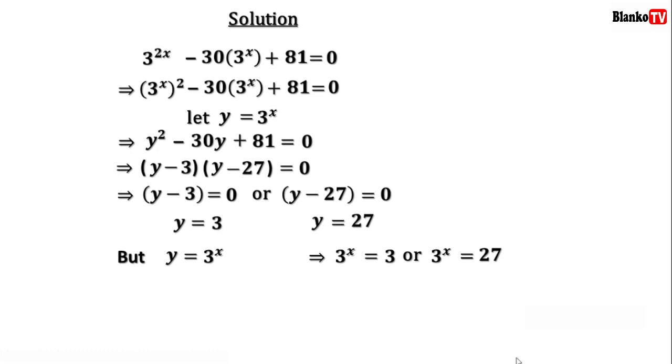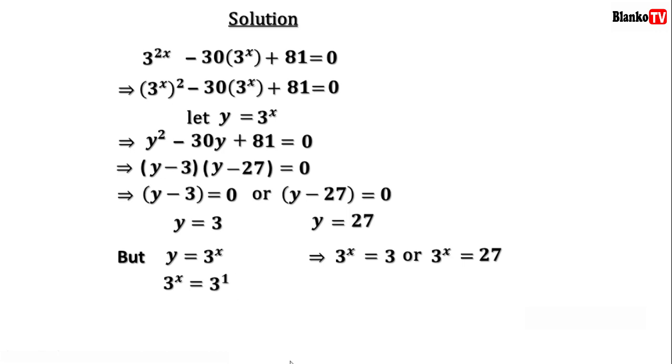Okay, so now we have 3 raised to the power x equals 3 raised to the power 1. Why? 3 raised to the power 1 is the same as 3.